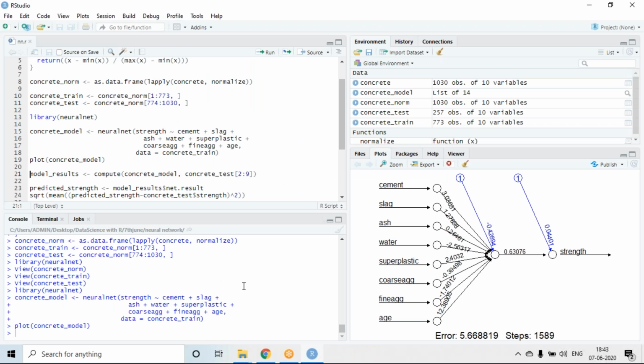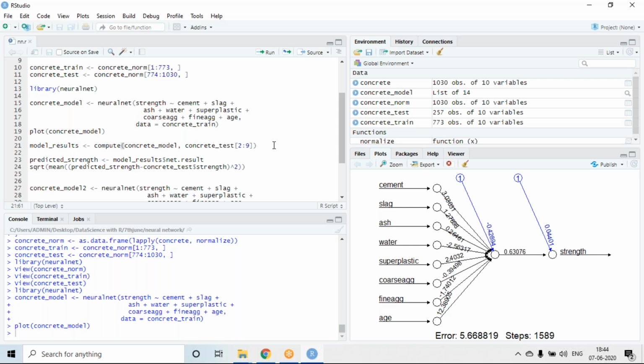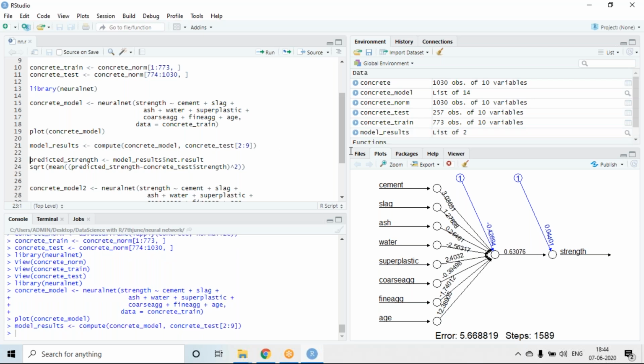So in the next one, I will try to compute on the test data. So instead of predict, here we use the compute function. So line number 21, please run. And then run line numbers 23 and 24. So I'm just checking the RMSE.